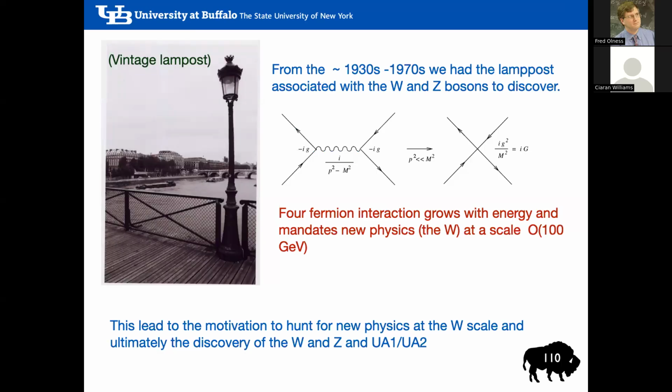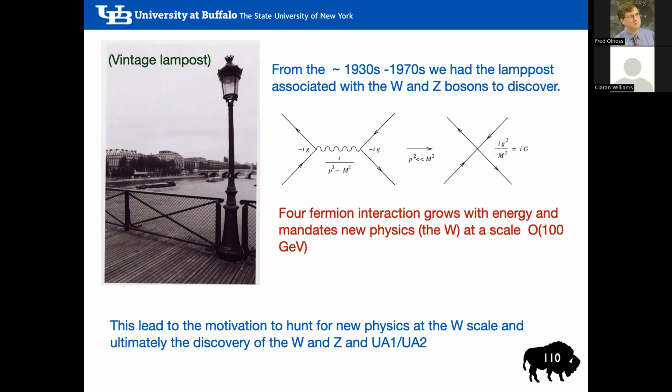So we are living in a tough time for physics, because if we think back to a long time ago, in the 1930s to 1970s, there was a nice lamppost to look under, which was the W mass, right? So we knew that muons decayed, which gave us the Fermi interaction. And from that, we could predict that there was going to be new physics, some kind of interaction at around the W mass scale.